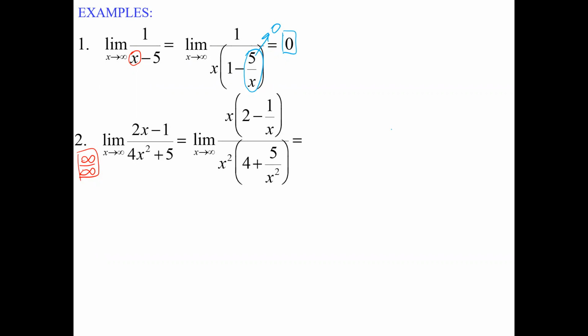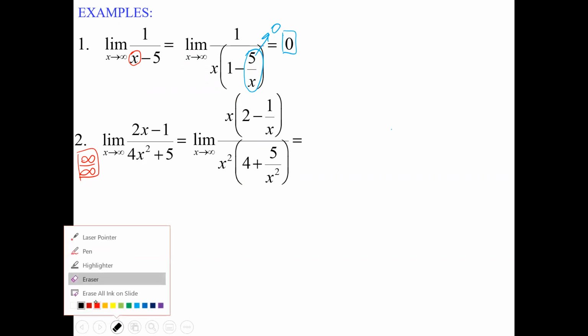Again, x times 2 is 2x, x times 1 over x is 1. x squared times 4 is 4x squared, and x squared times 5 over x squared is just 5. Okay, as we know, we are okay with this factorization.